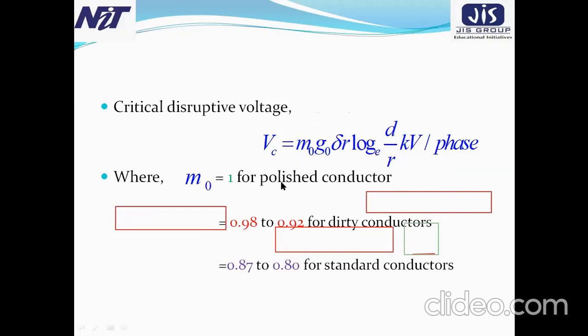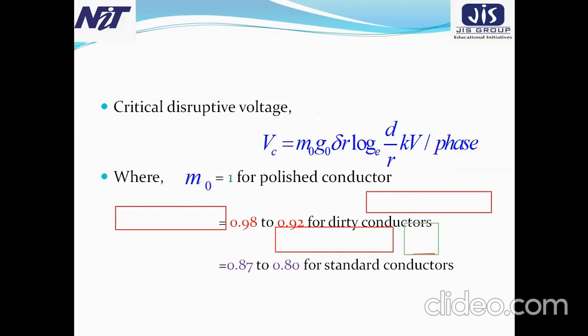Look at the modified equation for critical disruptive voltage. From the previous equation, we know that Vc equals G0 delta r log d by r to the base e. Here we are modifying it by multiplying by M0.